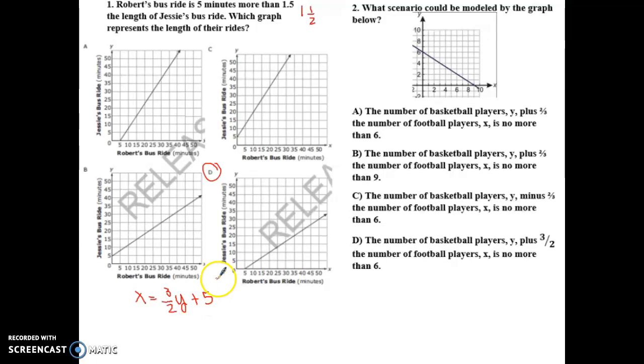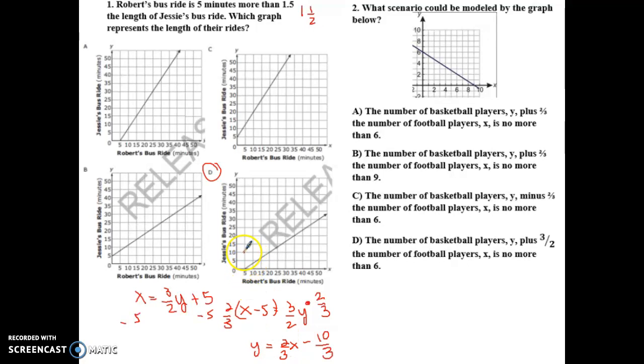So technically, if you want to solve this equation for Y, you would subtract 5 from both sides, and you get X minus 5 is equal to 3 halves Y. But then you multiply by the reciprocal, which is 2/3. But you have to multiply everything by 2/3. So you really get Y is equal to 2/3 X minus 10/3.